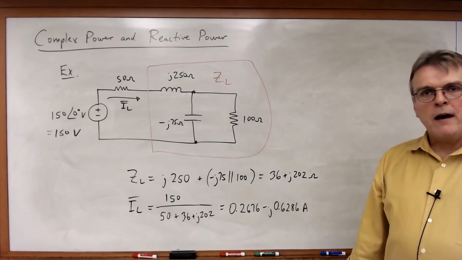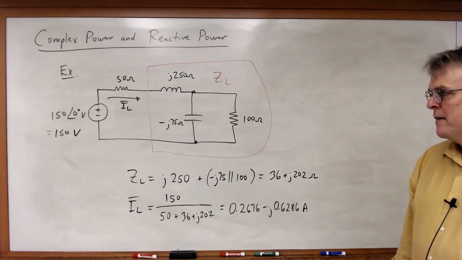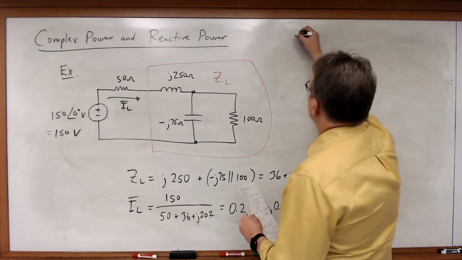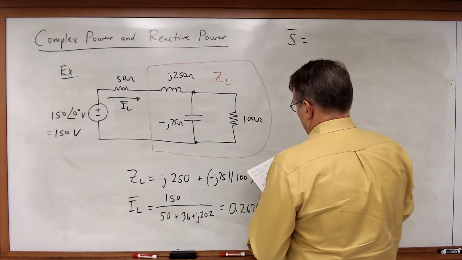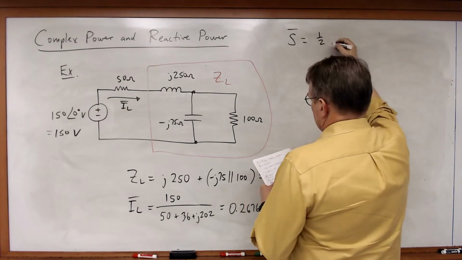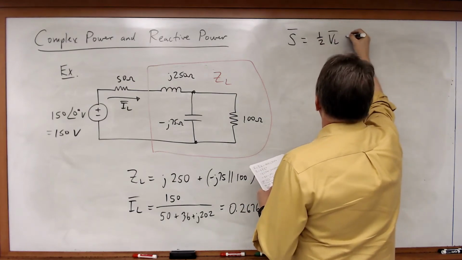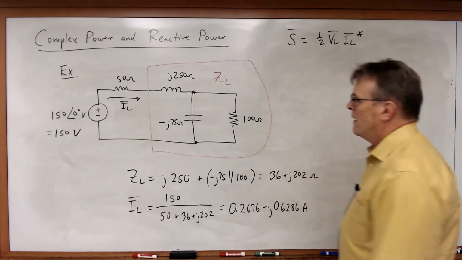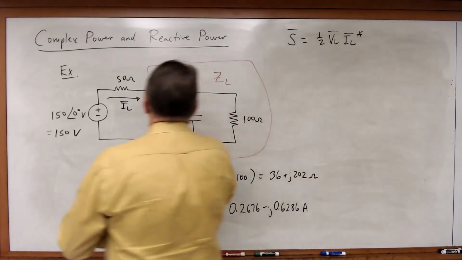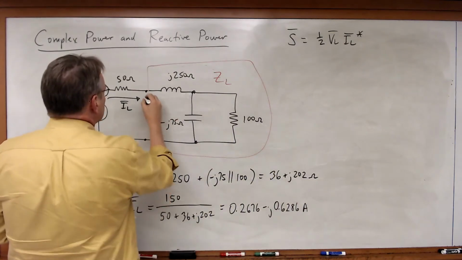Now let's apply the complex power equation. So in this case, S is equal to 1/2 times VL times IL complex conjugate. Well, I need to define VL across this load.